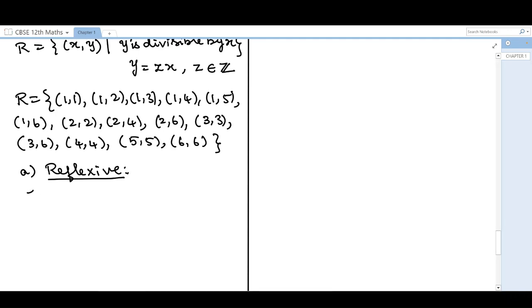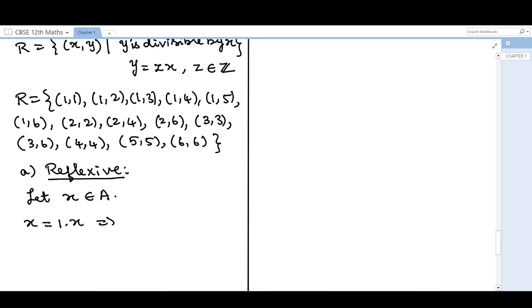We can also prove this in the general way. So let X belong to the given set A. Now we have to verify whether X is related to itself. So we have to prove X is divisible by X. So X should be written as a multiple of X. Yes, X can be written as 1 into X, where 1 is an integer.